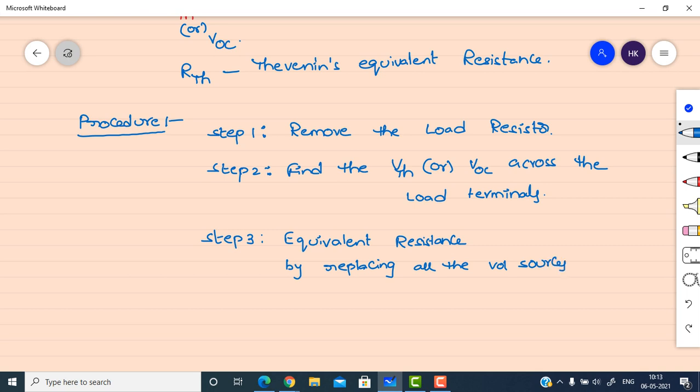If there is any current source in the circuit, you have to replace it with open circuit. Then between what terminals do we find this equivalent resistance? Again, between the load terminals.